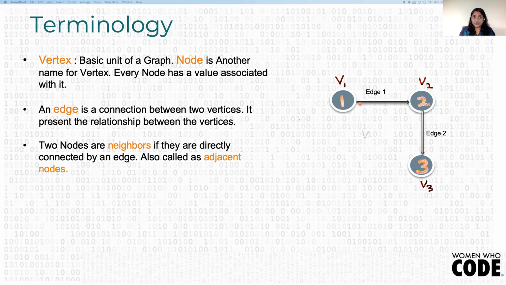Vertices is just the plural form of vertex. Two nodes, V1 and V2, are called neighbors if they are connected directly by an edge. So here V1 is a neighbor to V2, and V2 and V3 are neighbors. It's also referred to by a different term, adjacent nodes. So we can call these either neighbors or adjacent nodes.